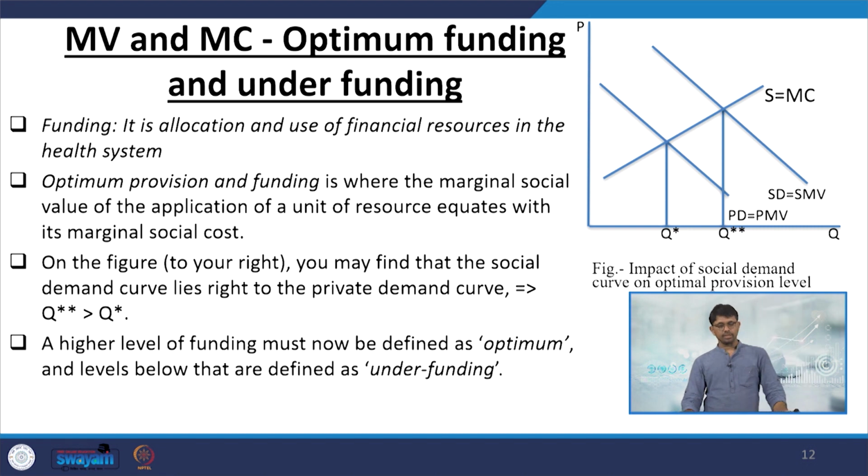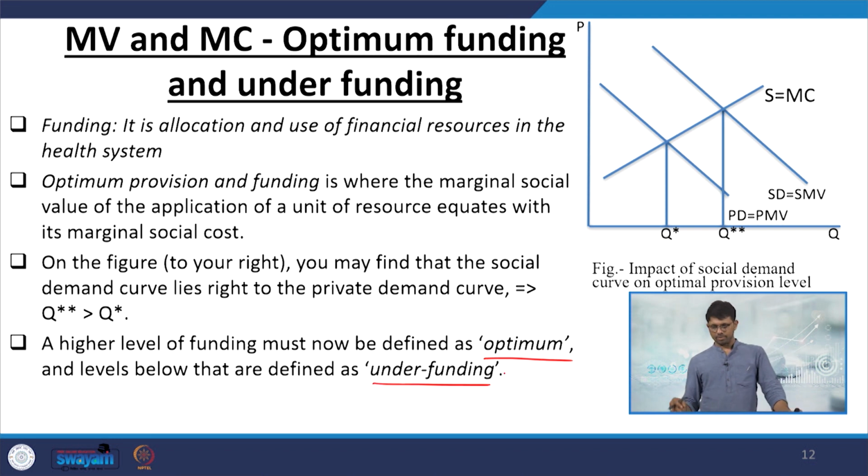The social demand that results here is Q double star as against Q single star. So, a higher level of funding must now be defined as optimum, and levels below that are defined as underfunding. So, any level at and above this is called optimum.